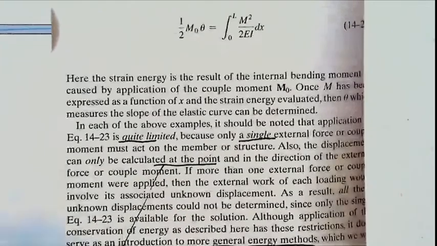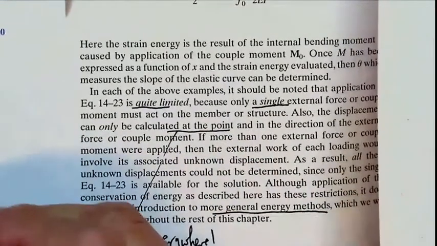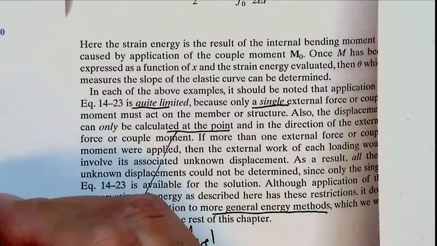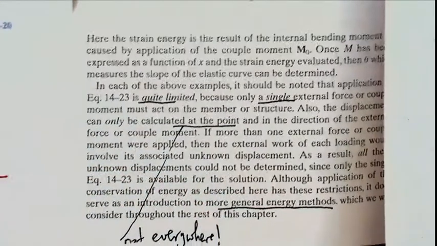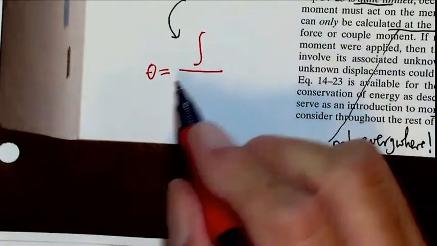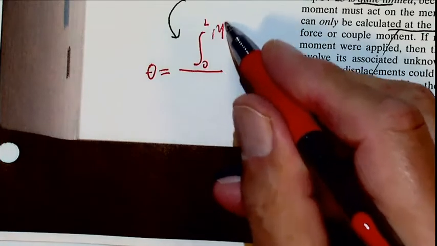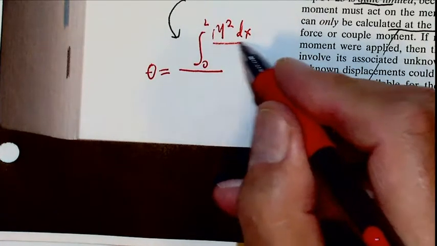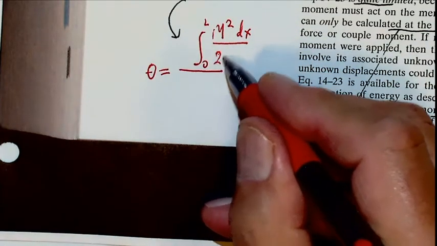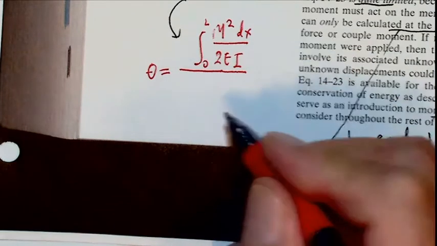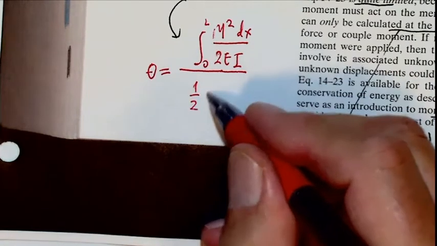So what we are saying actually is that if we want theta, then it equals the integral from 0 to L, m squared dx over 2EI, divided by the moment that caused it, 1/2 m sub 0.